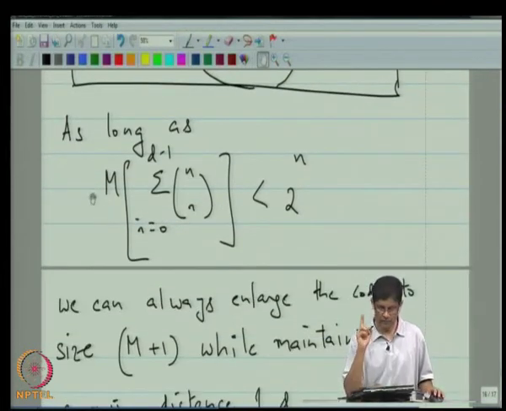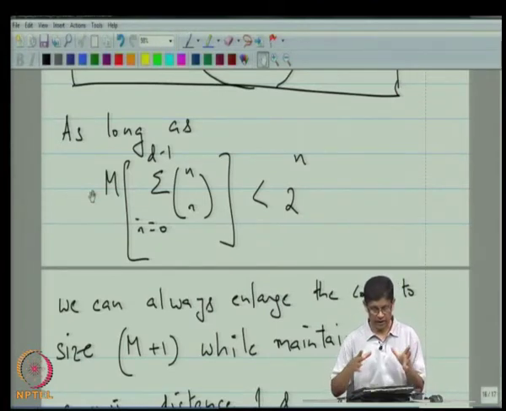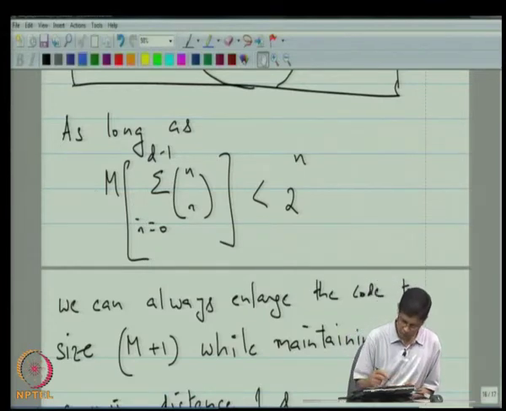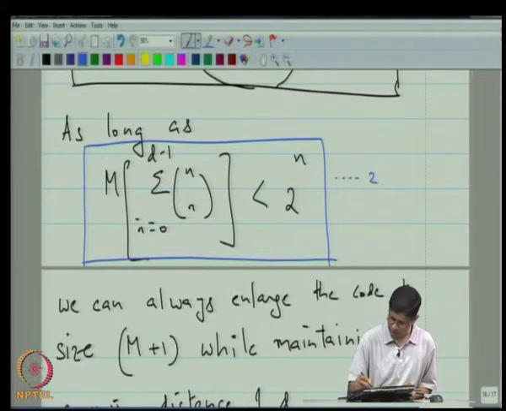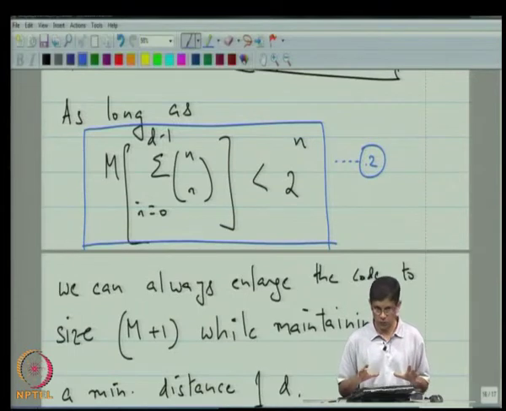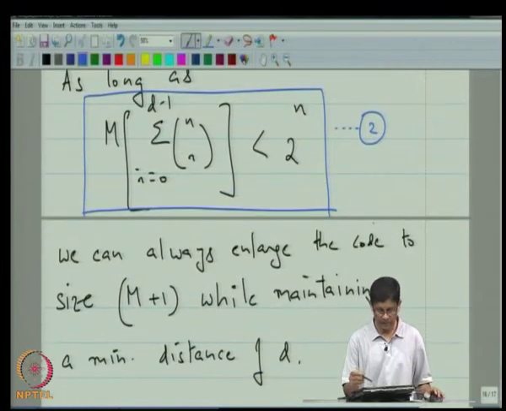Okay. Now this part you might want to pay attention to carefully. So the argument is that as long as this equation, so call this equation 2, is satisfied, you can enlarge the code. Now at some point equation 2 will fail to be satisfied, and that's when you cannot enlarge the code any further. However, you are guaranteed to reach a point where this equation fails.